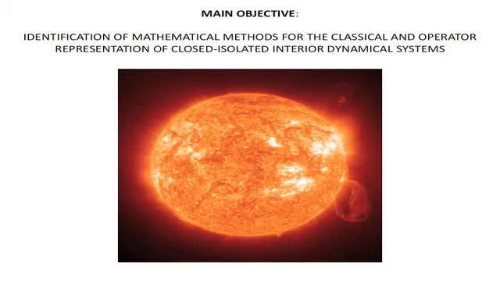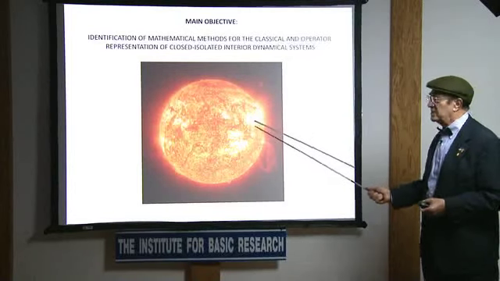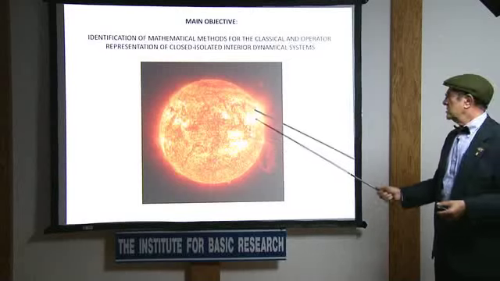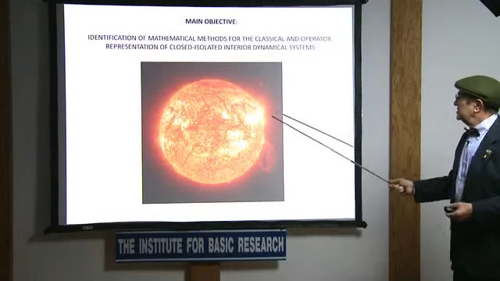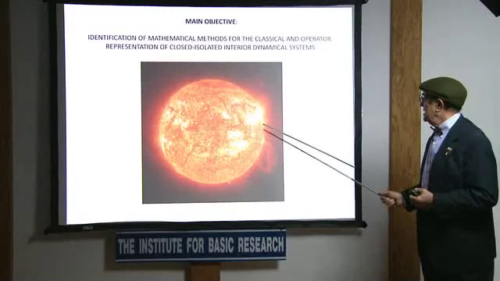This is a picture of a typical interior dynamical system we intend to study and represent to the best of our knowledge and capability. As you can see, it depicts the Sun. But you can also think about the structure of Jupiter, or the structure of a galaxy, or any other interior dynamical system.